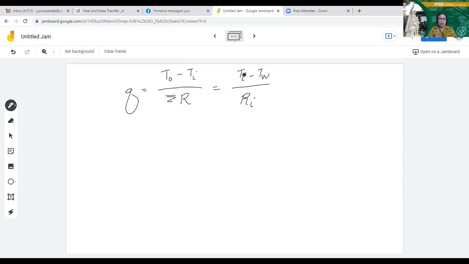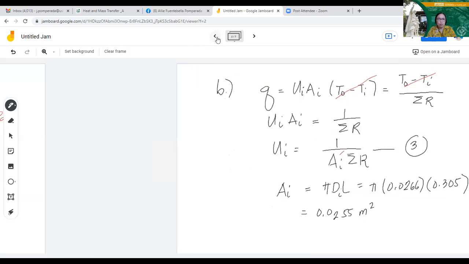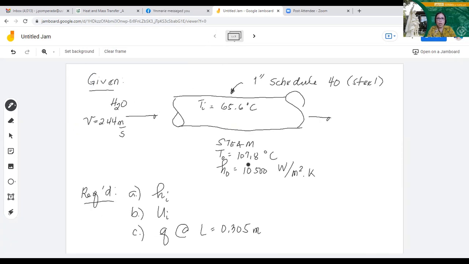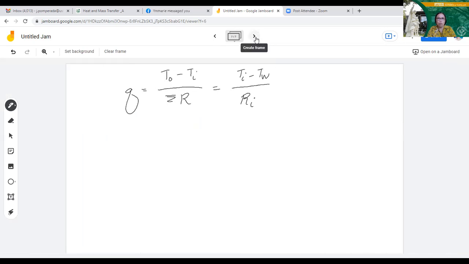Okay, so as for the T sub O, outer temperature, that would be 107.8. Inner temperature is 65.6. So these would be the temperatures that I'm going to substitute here. So we have 107.8 minus 65.6.